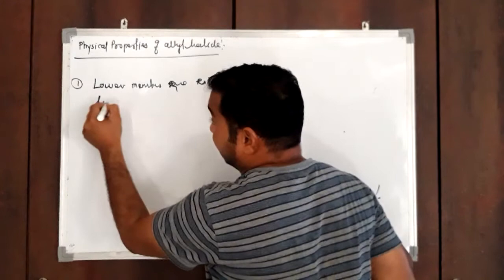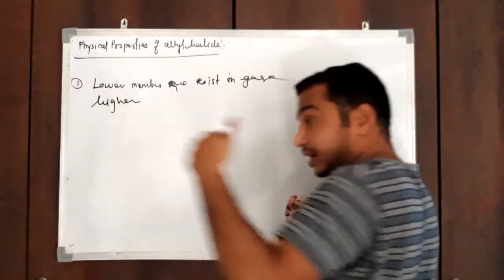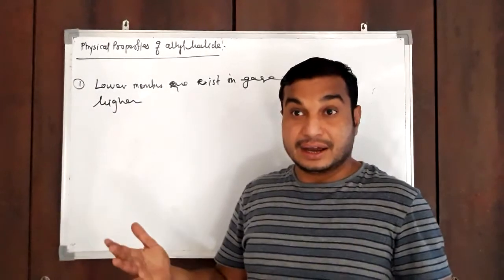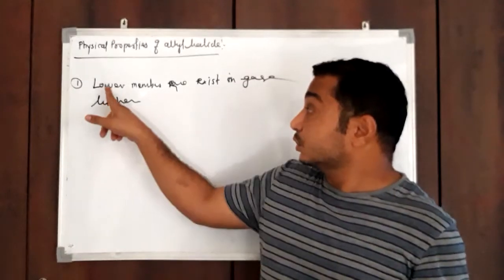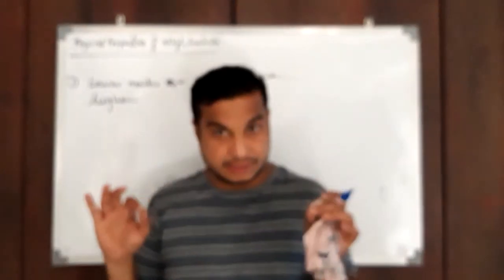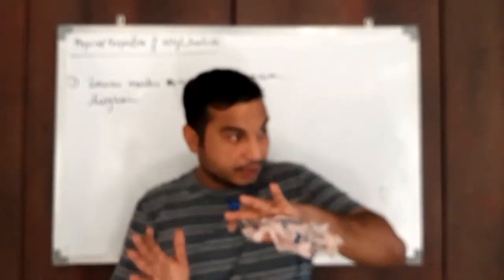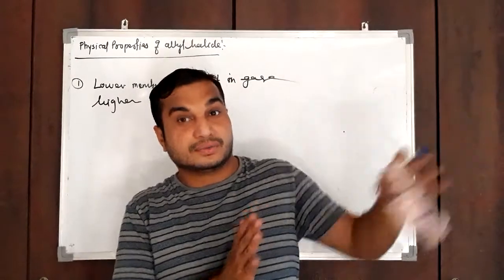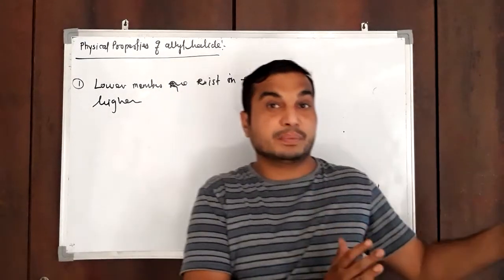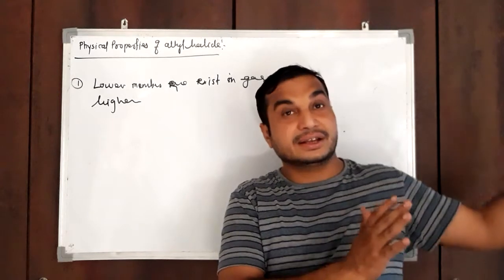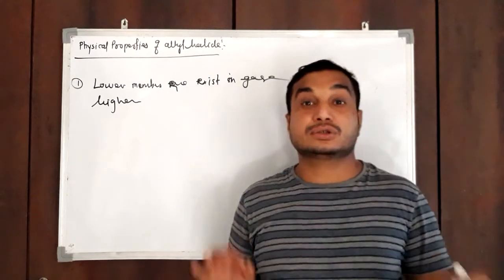But higher members, having more number of carbon and hydrogen, are liquid, and some of them are solid also. So lower members are gaseous, but if we move from lower to higher, then in the middle some members exist in liquid state, and the higher ones exist in solid state.